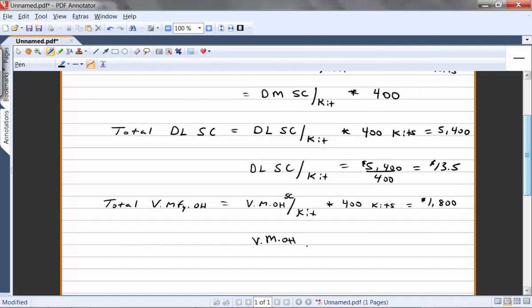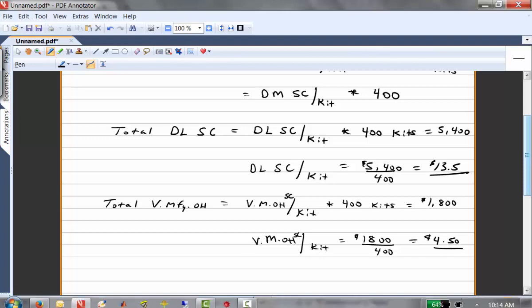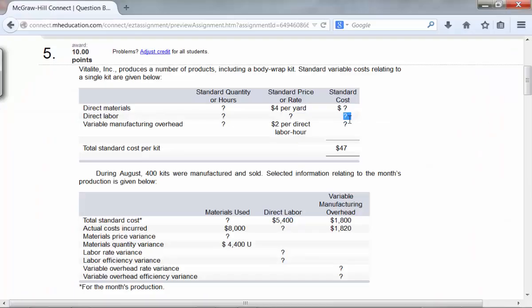I'll just abbreviate it like this. Standard cost per kit is just 1,800 over 400, or $4.50. So we know this and we know this. It means we know this question mark and we know this question mark.